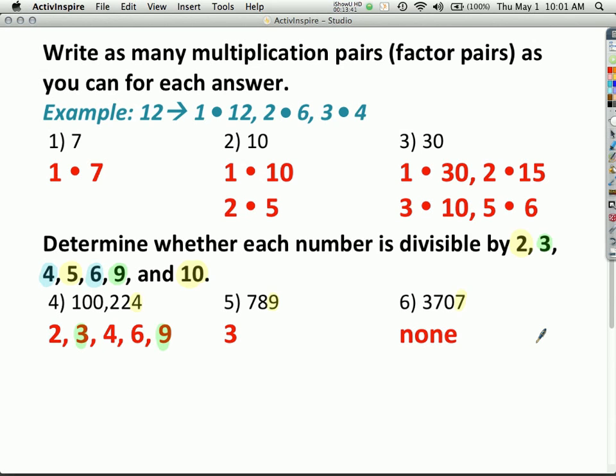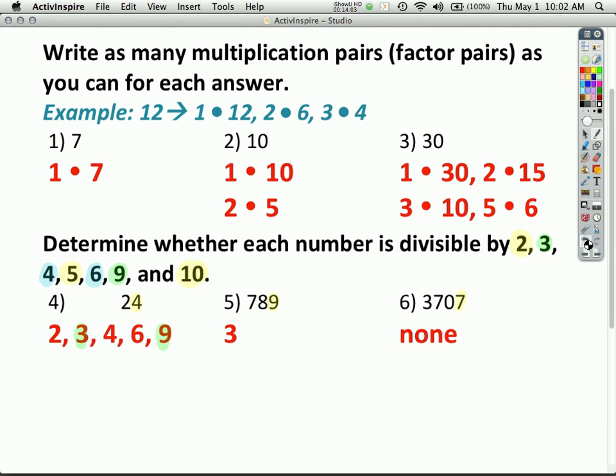The rule for 4 is you check the last 2 digits, and if they're divisible by 4, then the numbers are divisible. Yeah, and what it really means is pretend that this is not here, and pretend that that's the number. Is 24 divisible by 4? Yes. That means that that number is divisible by 4.